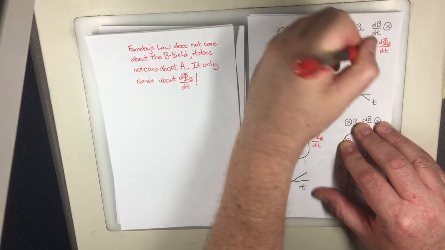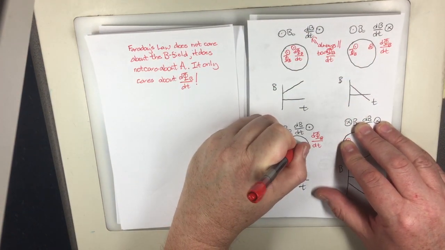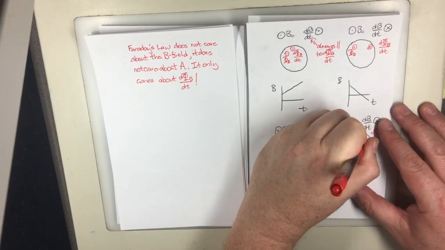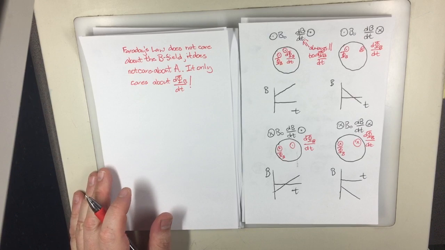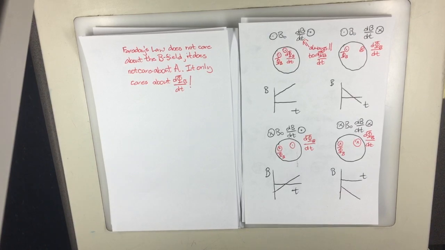So I have this. In the cases where you've got magnetic field out, the flux is out. In cases where the magnetic field is in, the flux is in.